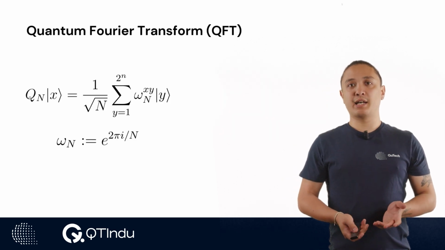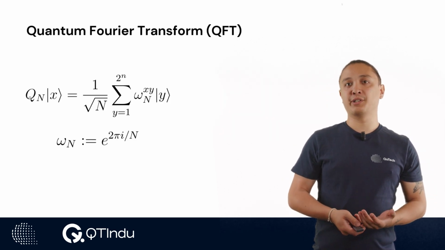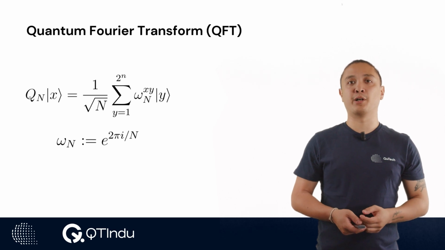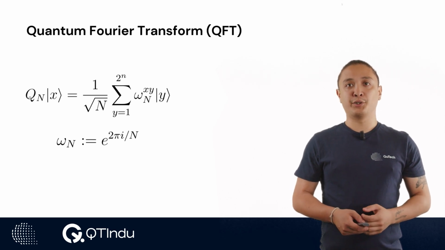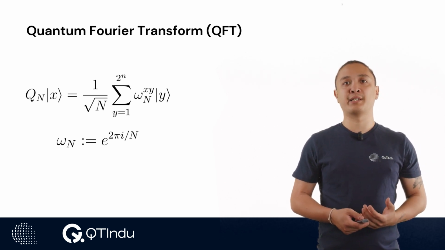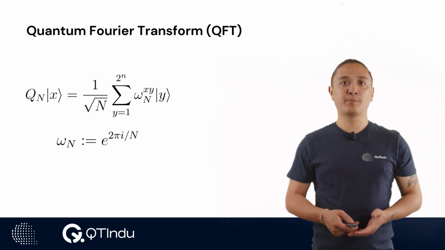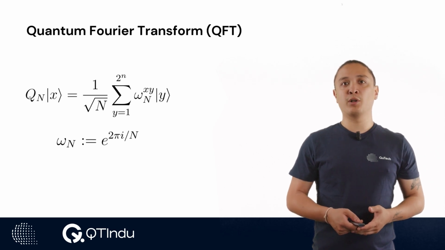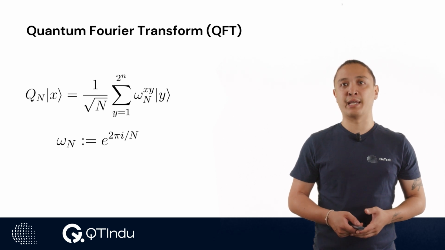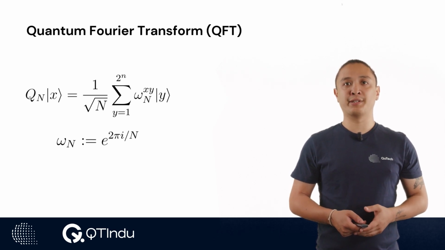Here, in this slide, we present the mathematical formulation of the QFT as some unitary operator Q. The QFT will take some integer basis state x as input and output a superposition state over all possible 2 to the n basis states with coefficients omega n, where omega n is given by this expression below.